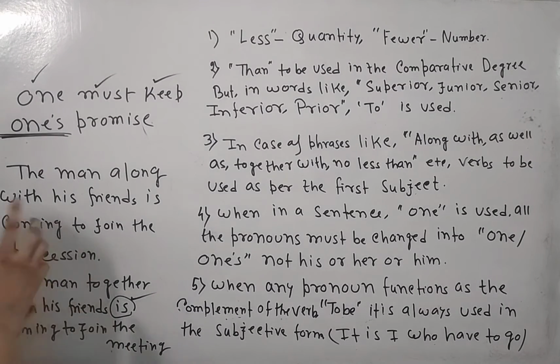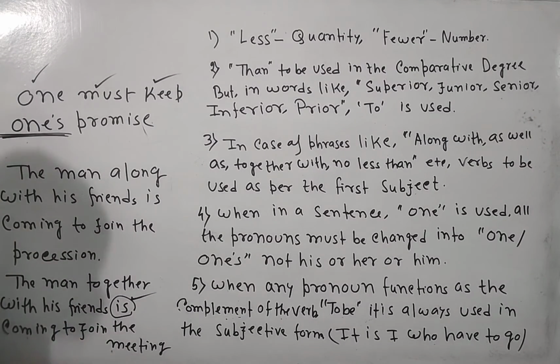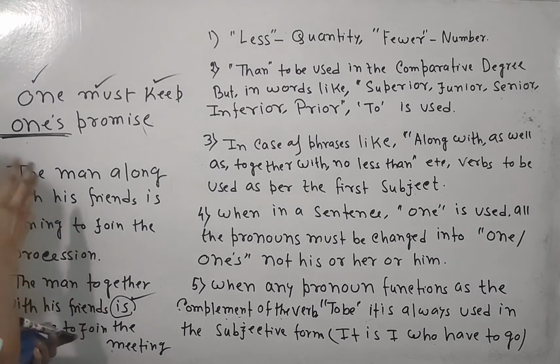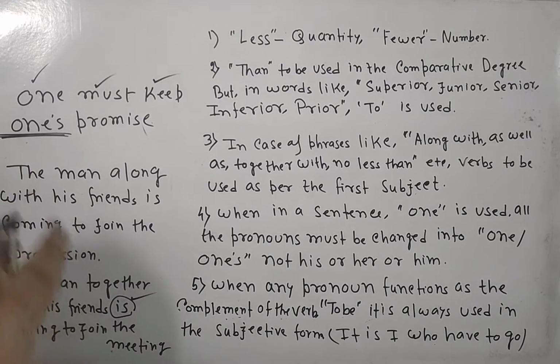Now why are you going to write O-N-E apostrophe S? Because it is in the single genitive case. There are two genitive cases in English, the double genitive case and the single genitive case, but here the sentence is all about the single genitive case.